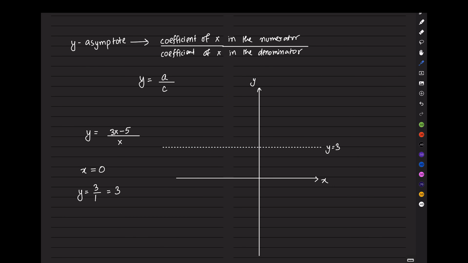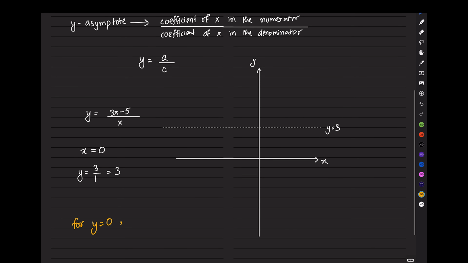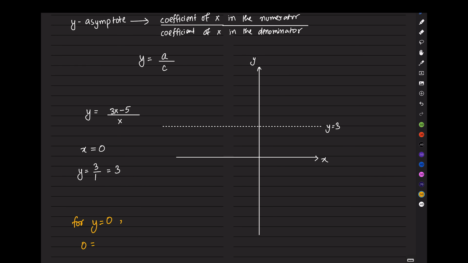And now how to draw the graph. For this equation, let's just find a random point. For y equals 0, what's the value of x? Let me just calculate it. 0 equals 3x minus 5, so x equals 5 over 3. So it's somewhere around here, right? Then the shape of the graph has to be like this.